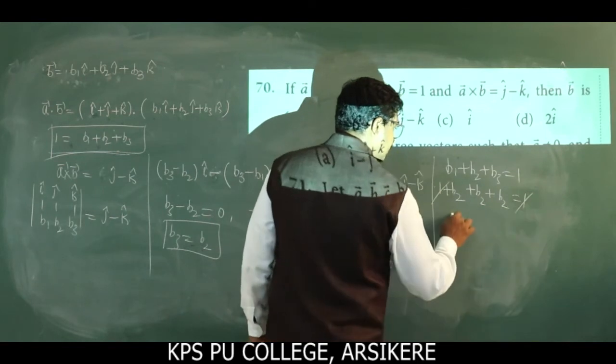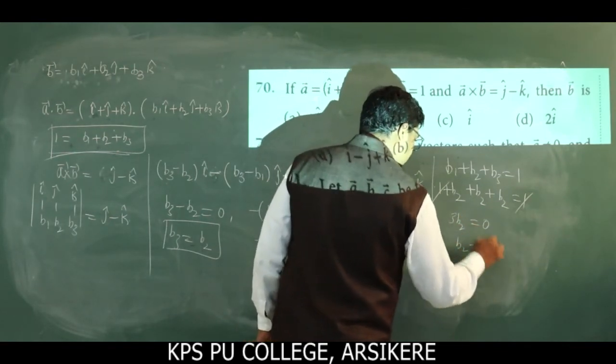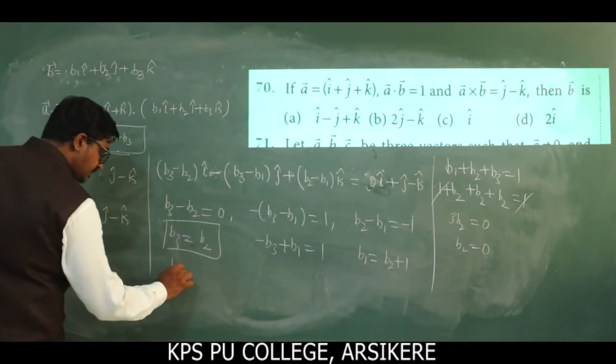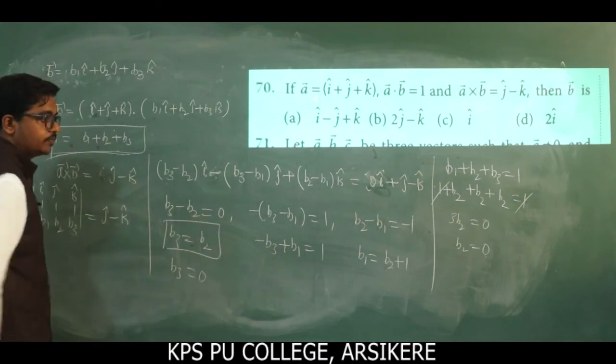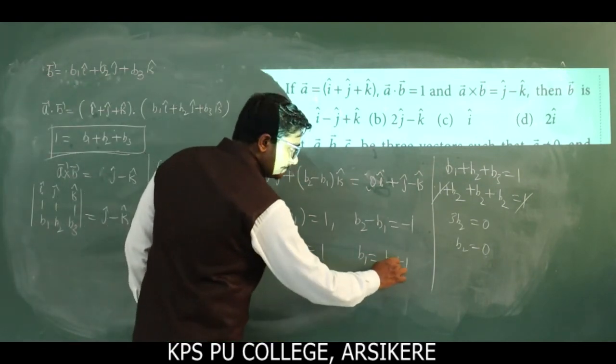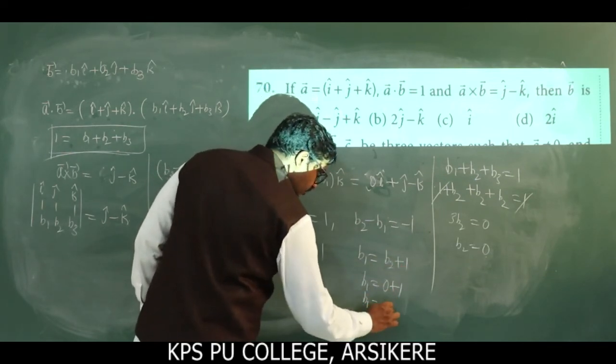The 1s get cancelled. 3B2 is equal to 0. What is B2 then? B2 is equal to 0. So B2 is equal to 0 means what is B3 then? B3 is also 0. Therefore B1 is B2 plus 1, and B2 we already have as 0, plus 1. Therefore B1 is equal to 1.